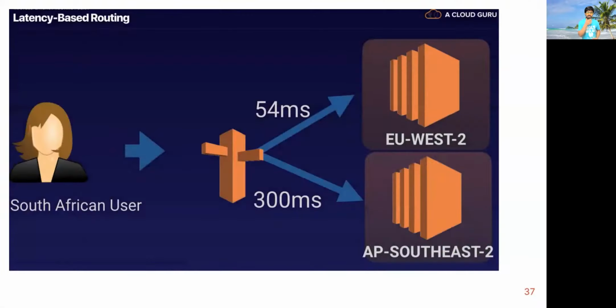Now, latency based is a very important routing, because the response is given based on the user's response time from a particular server. It doesn't always mean that the data center closest to the user would be picked, because sometimes the resources are already under stress.